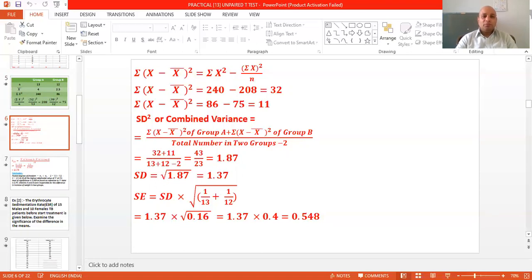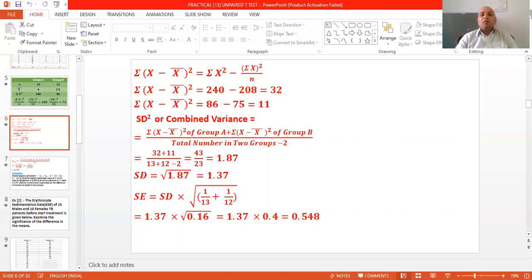Then group A 32 and group B 11 upon 30 plus 12 minus 2 is equal to 1.87. Then SD is equal to under root 1.87, then SD is equal to 1.37.